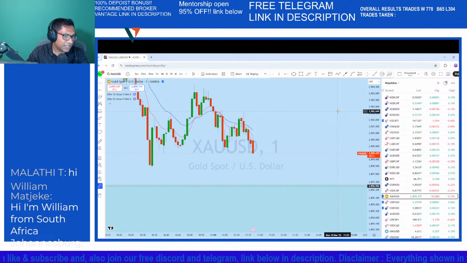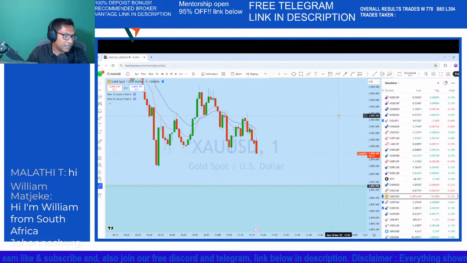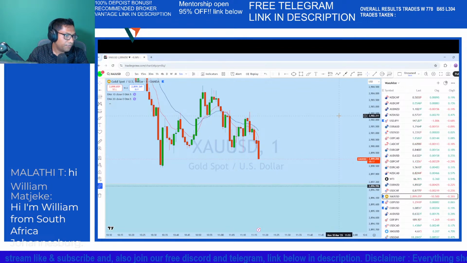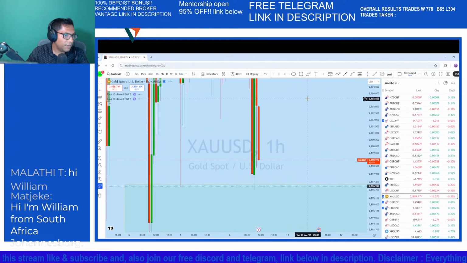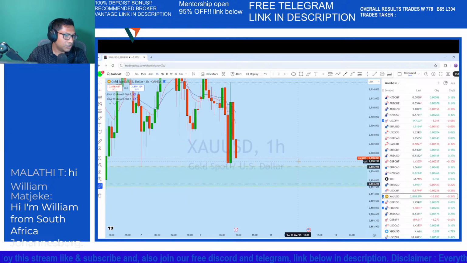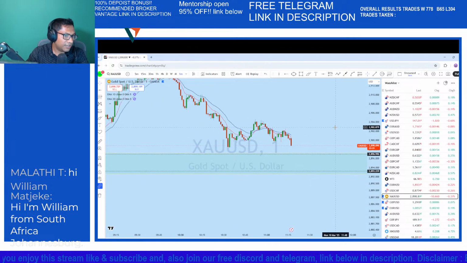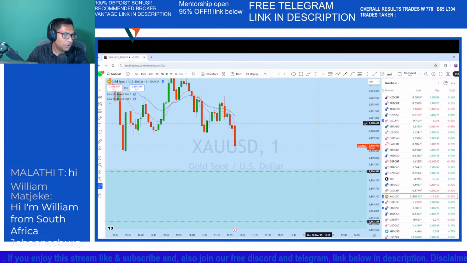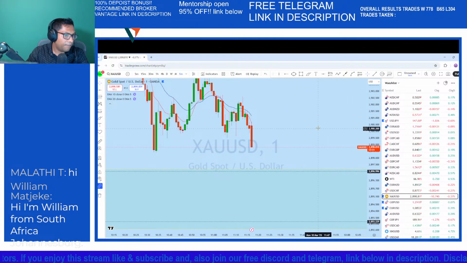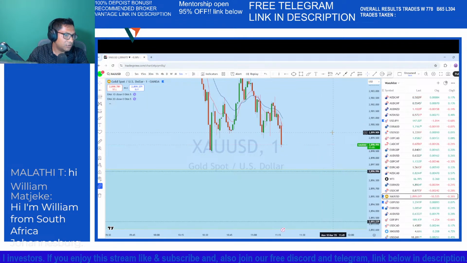With that bearish price action, it's now trying to break below. So we will be looking for a selling opportunity here. At the moment, we can see the market trend is down. So on the 1 minute price action, we would like to see that.